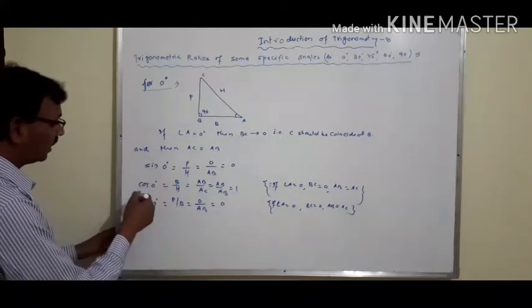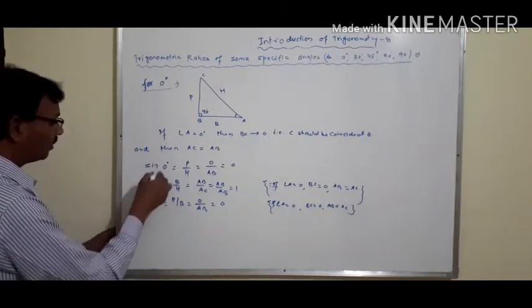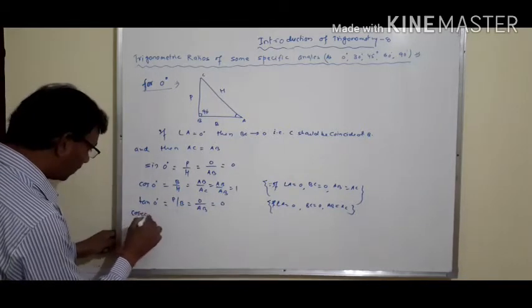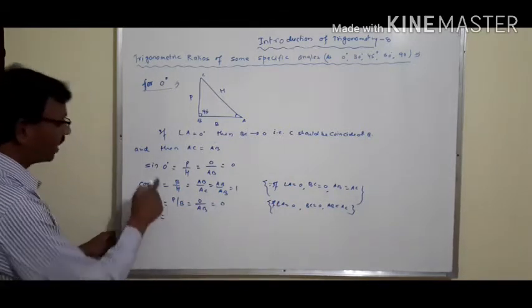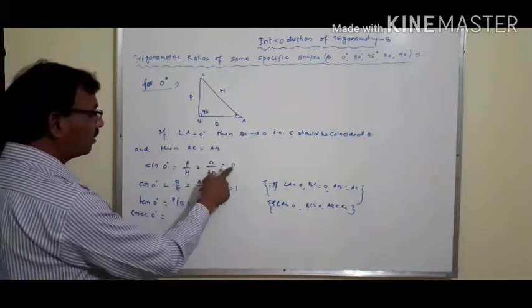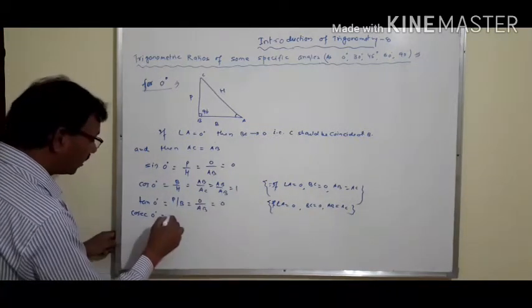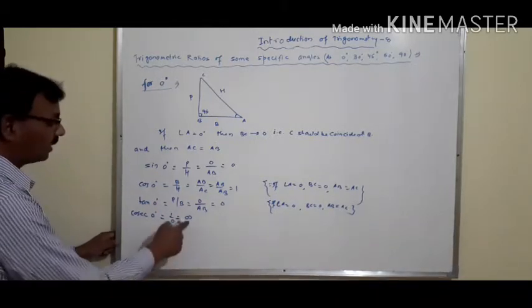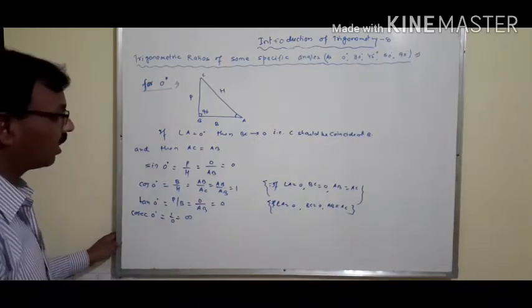Now we can easily write the values of the reciprocal functions at 0 degree. Cosec 0 equals reciprocal of sine 0. Reciprocal of 0 is 1 by 0, which equals infinite, and this sign is read as infinite or not defined.